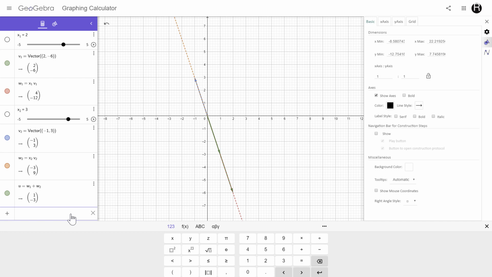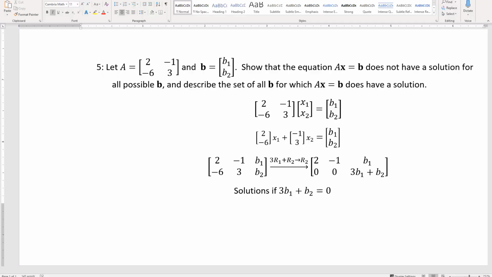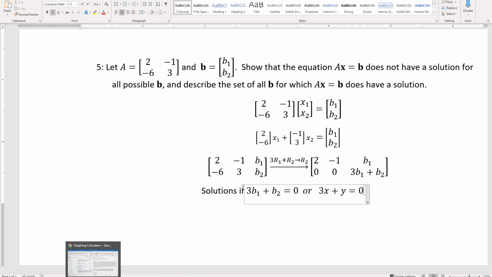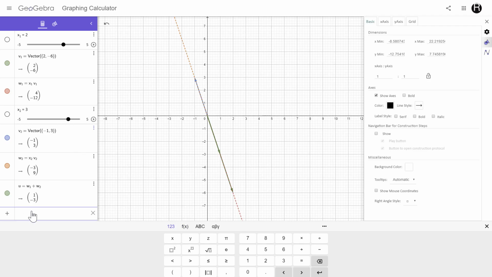But let's let x equal b1, and y equal b2. Let's say it here in our equation: 3 times x plus y is equal to 0. Let's graph that and see. 3x plus y is equal to 0.